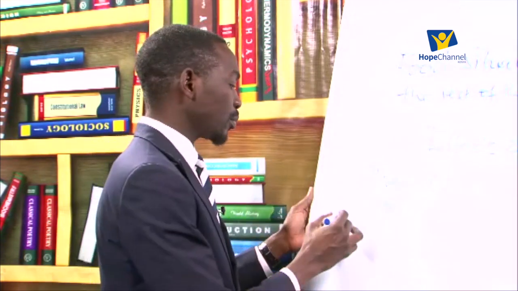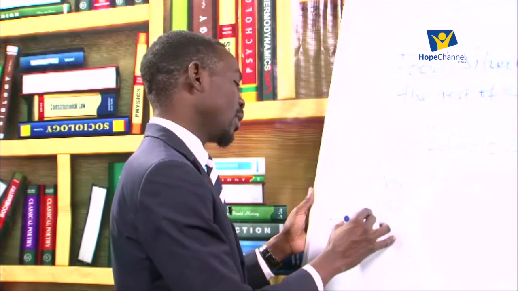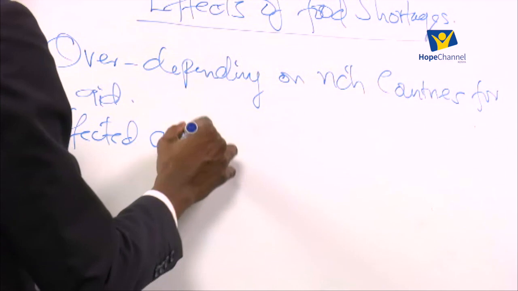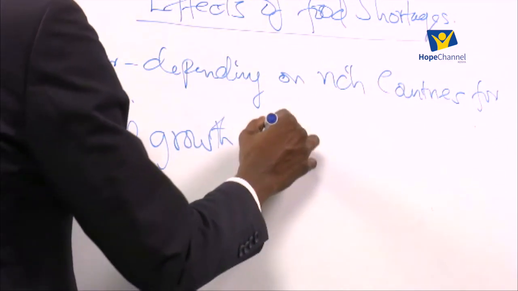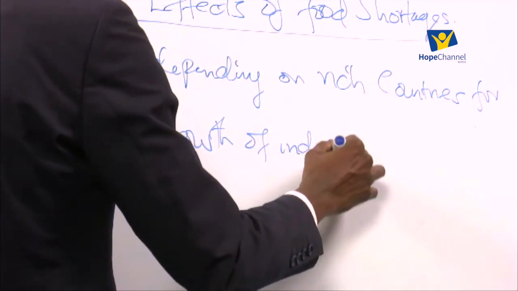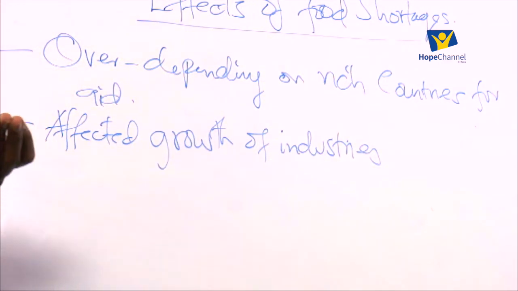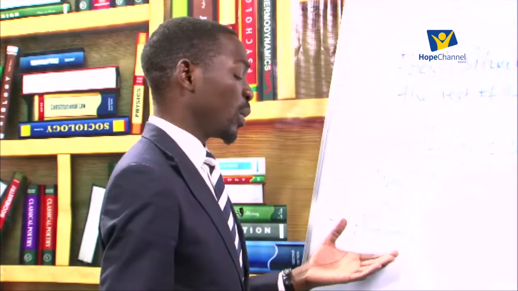And then it has also affected industrialization. Yeah, it has negatively affected growth of industries. So you realize that in countries whereby we have enough agricultural activities taking place, we'll have more agro-based industries.